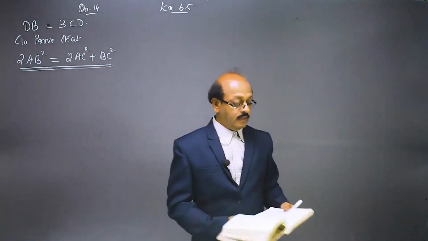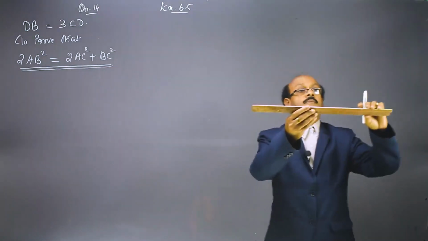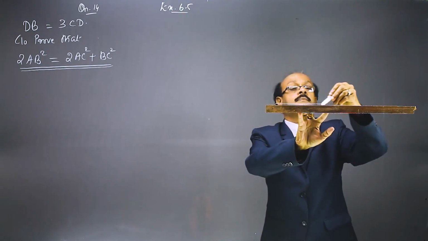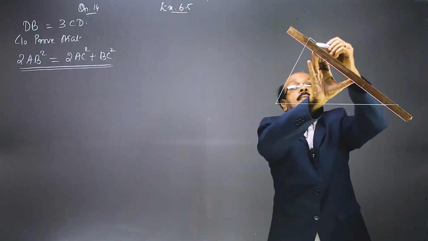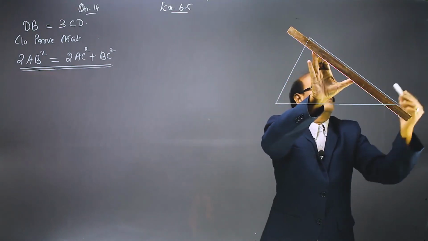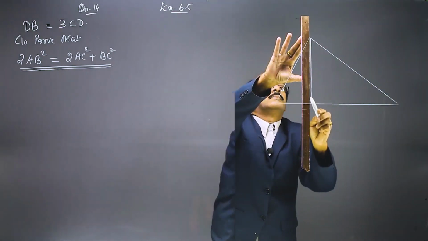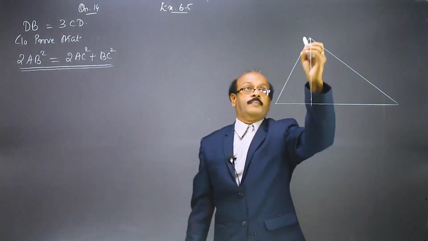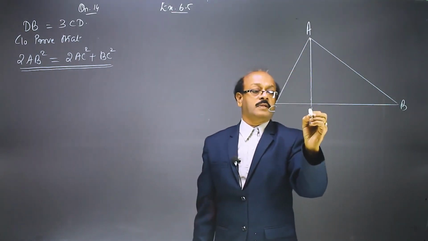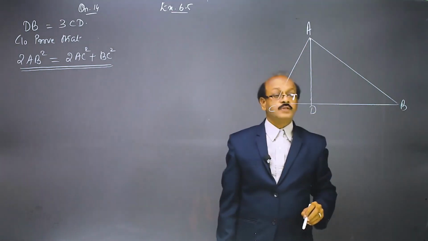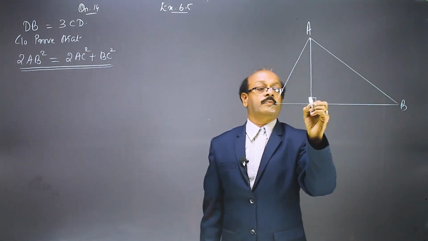The figure is given, a triangle ABC, and this is the point D. AD is perpendicular to BC.